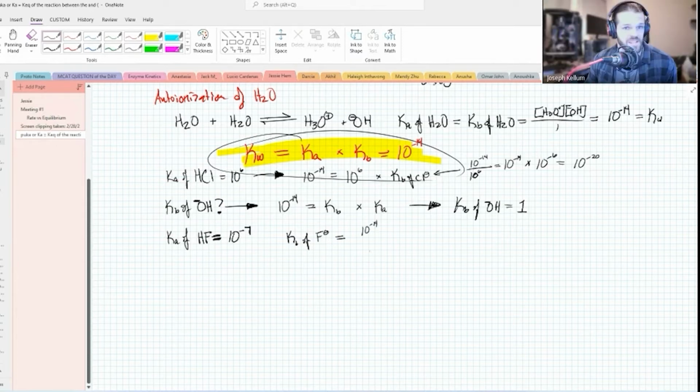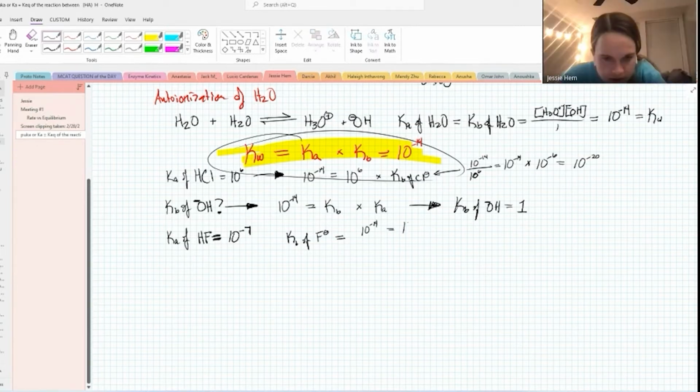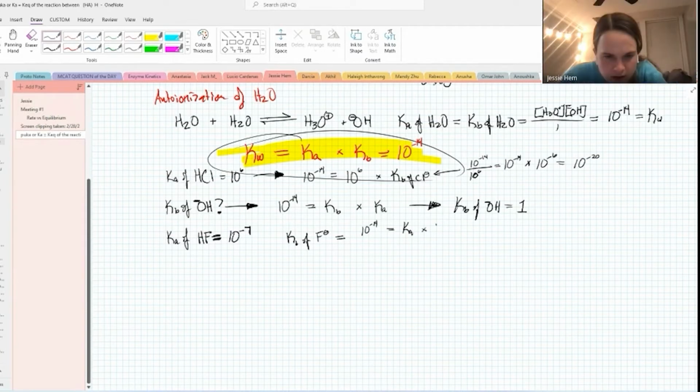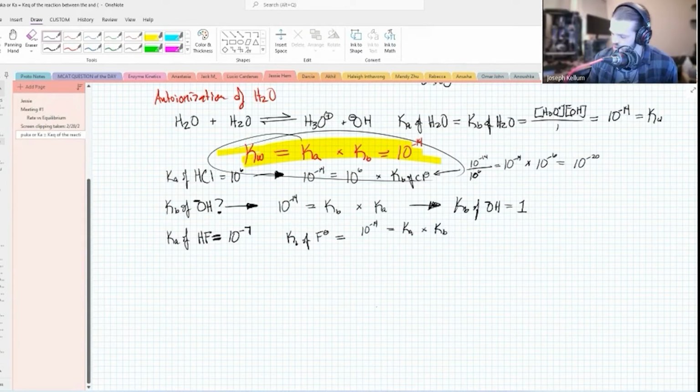Did you say 10 to the -10? Well, remember, it's 10 to the -14 equal to Ka of the acid, which was 10 to the -7, times Kb of the base. And so that ends up being 10 to the -14 divided by 10 to the -7, right?